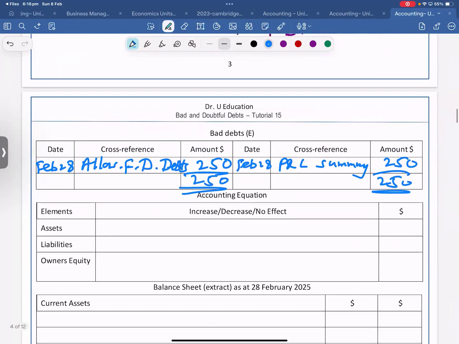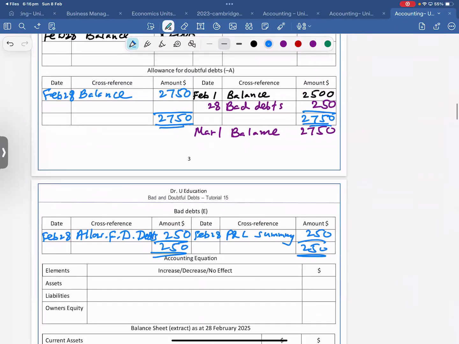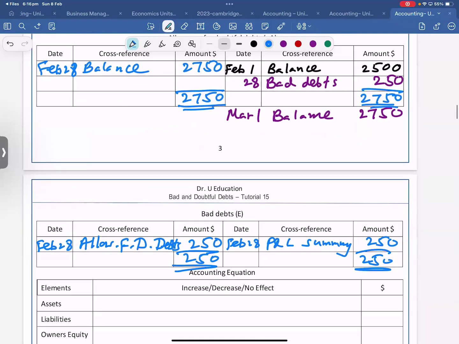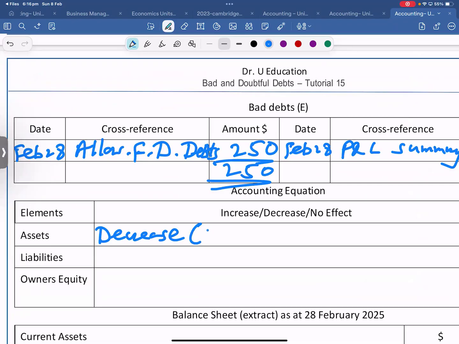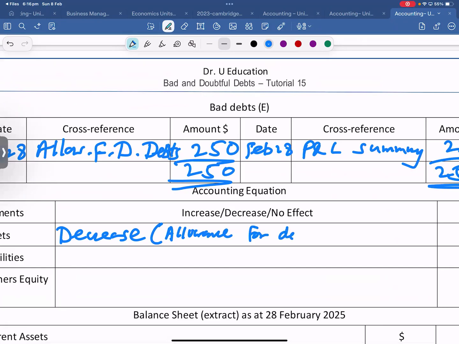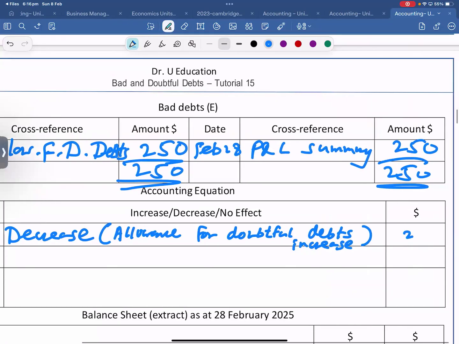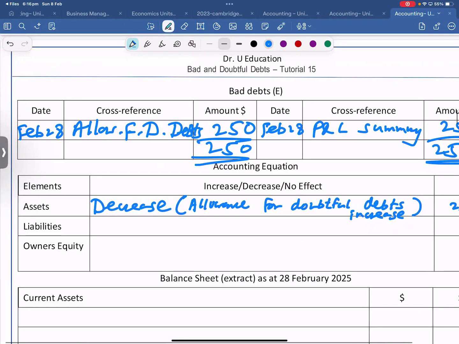Then what is the accounting equation impact, guys? Assets, yes, assets decreased by how much? 250. Allowance for doubtful debts increase to 250, and liabilities no impact.